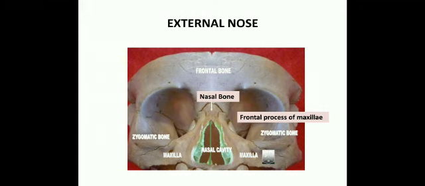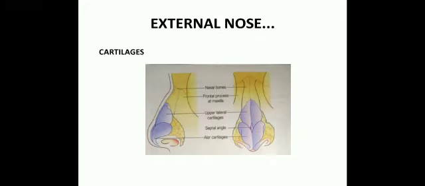The external nose is an osteocartilaginous structure, that is, it has a bony part and a cartilaginous part. The bony part is formed by the nasal bone and the frontal process of the maxilla projecting upwards, and the cartilages include the upper and lower lateral cartilages, the septal cartilage and the alar cartilages.